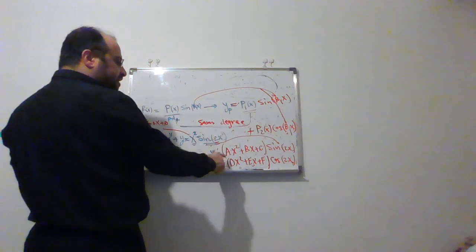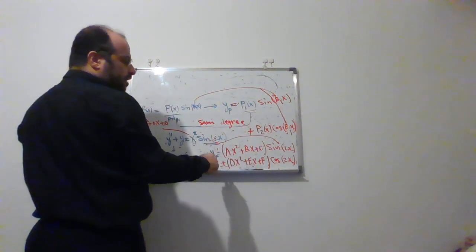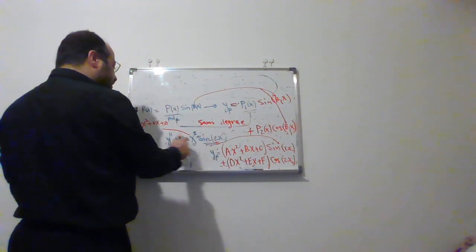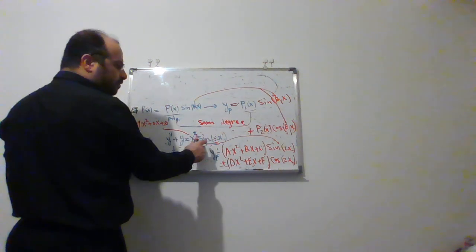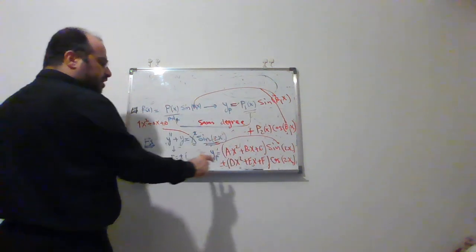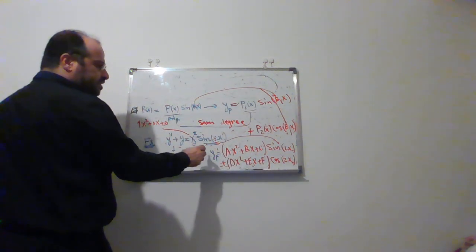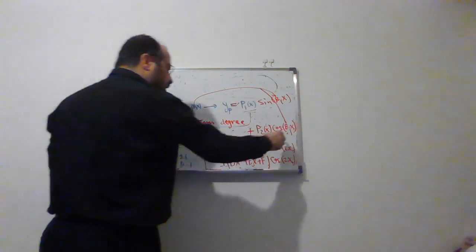So you have 6 coefficients that you need to calculate when you find the first derivative and second derivative, plug here, and then compare the coefficients of sine 2x and cosine 2x in the left hand side and the right hand side. So this is the right y particular.